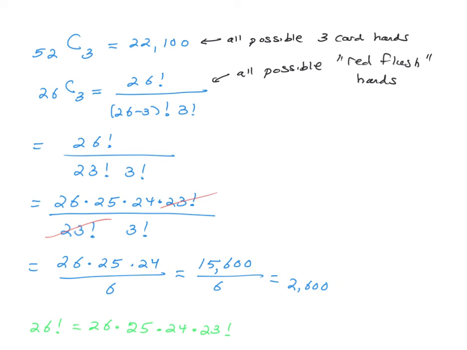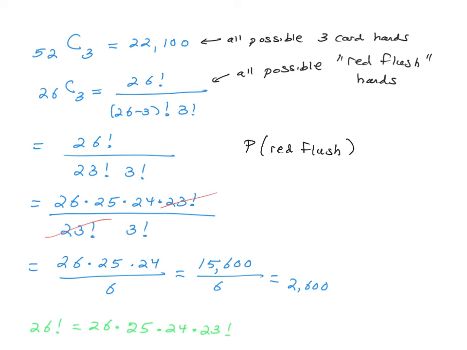The last part of this problem was asking us, what is the probability that you will be dealt a red flush? So the first 2 parts of this problem were setting up the answer for us. Essentially what we're going to do is find the probability that you get a red flush.